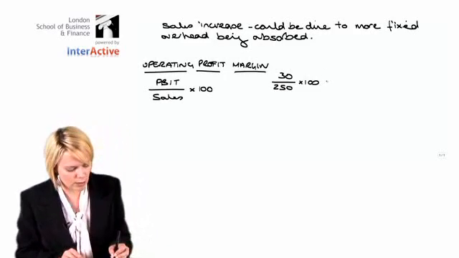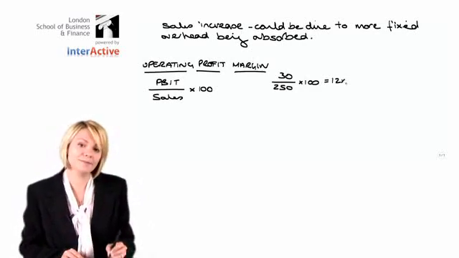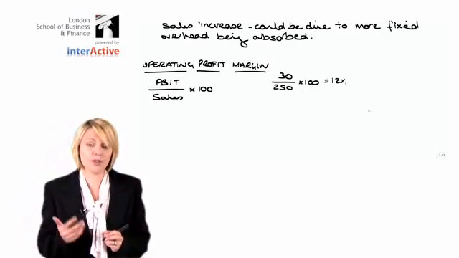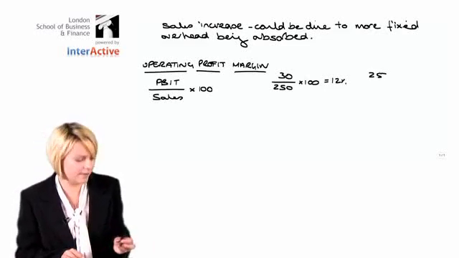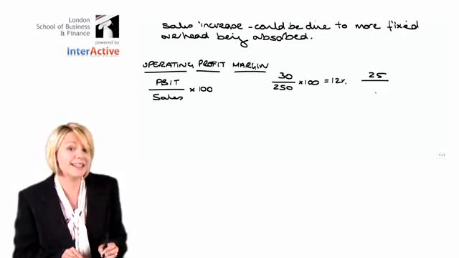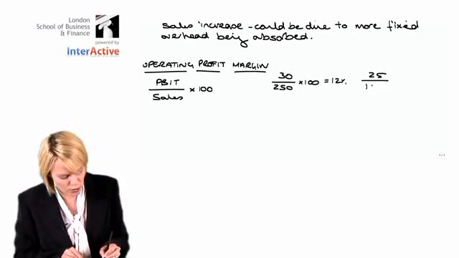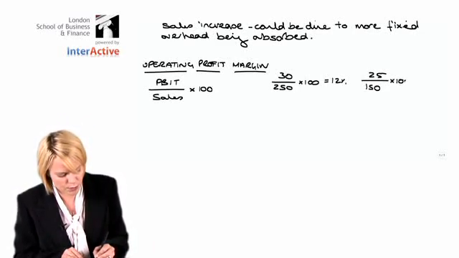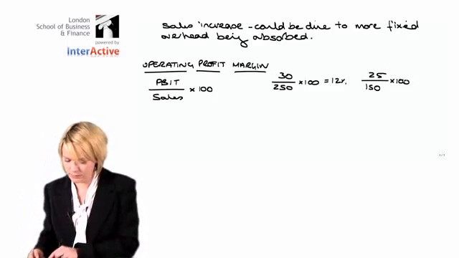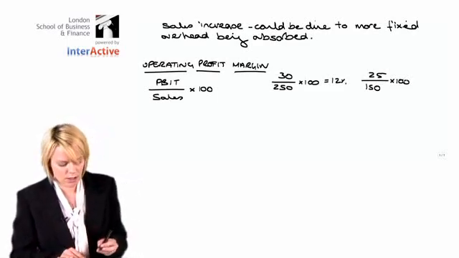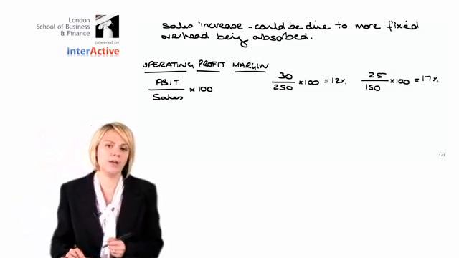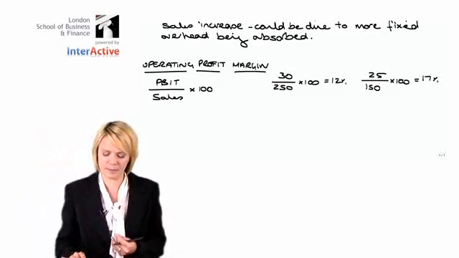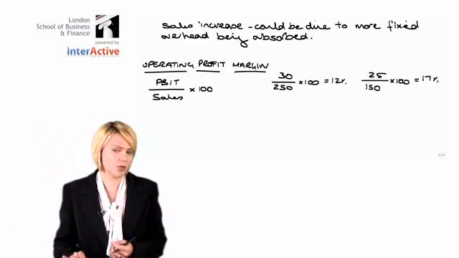That's going to give us a nice round 12%. And for 2010, our operating profit was 25, and take that over 2010's revenue, which was 150, multiply that by 100. So we're going to make that 17% for a rounding, okay, or 16.66%. 17% will do.